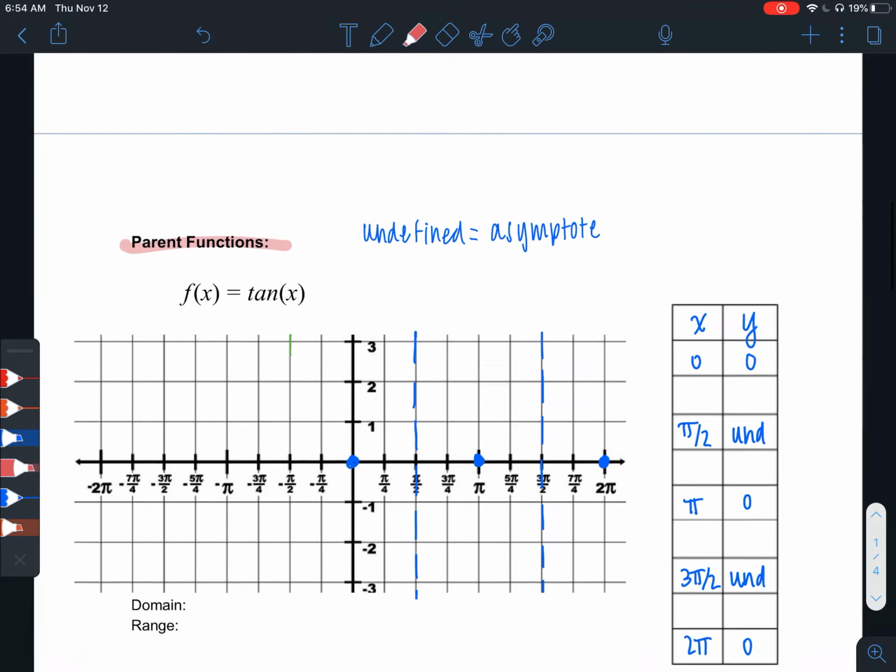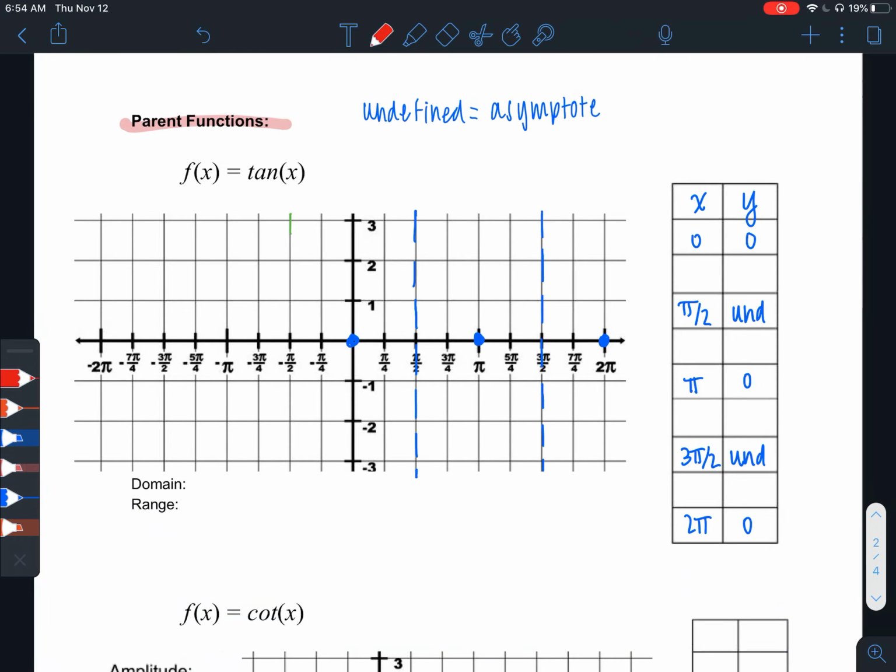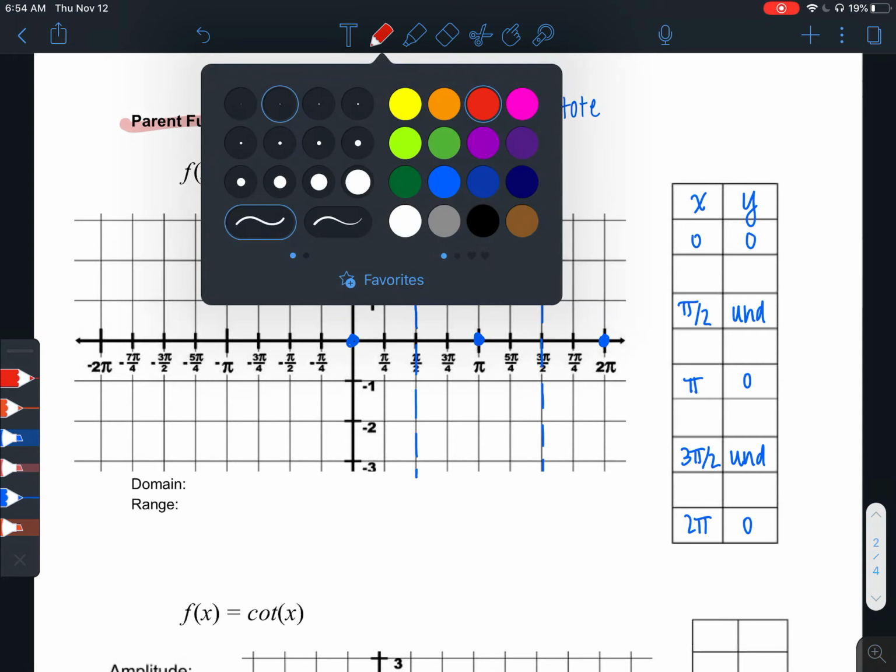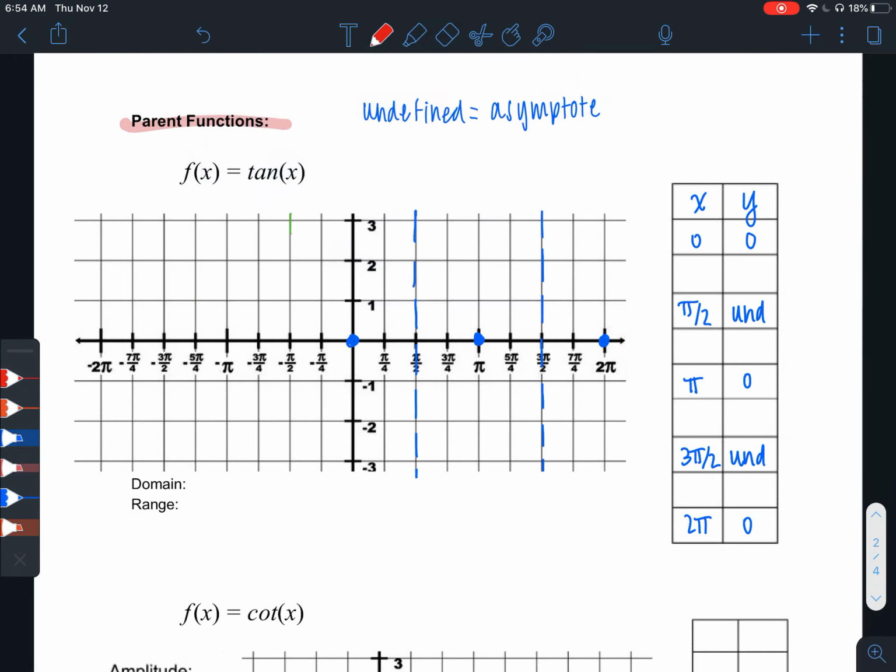Actually, let's go ahead and graph it now. So we've got pi over 4, 3 pi over 4, 5 pi over 4, and 7 pi over 4. So it goes 0, 1, undefined, negative 1, 0, 1, undefined, negative 1, 0, 1, undefined, and it just keeps repeating itself.